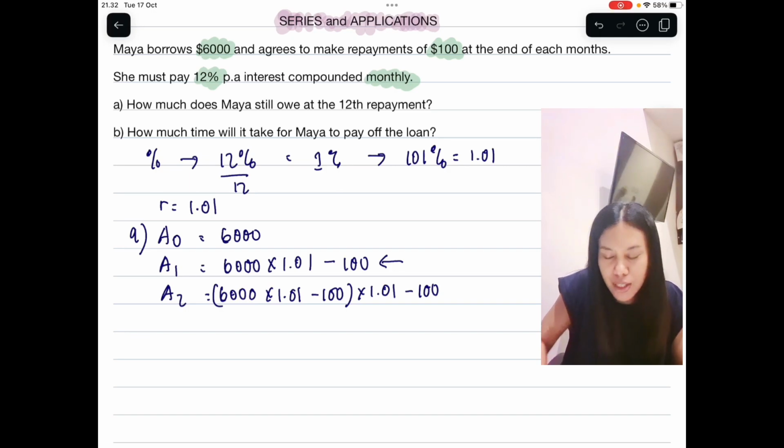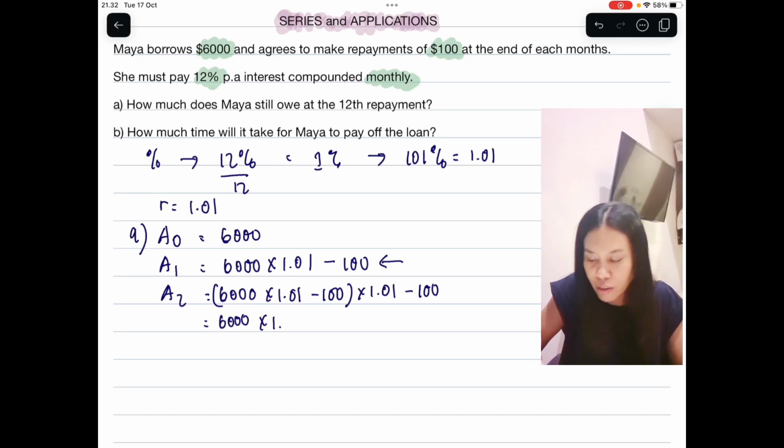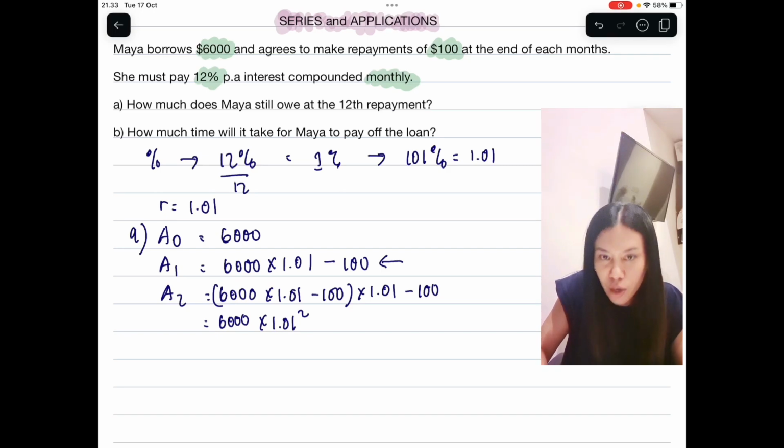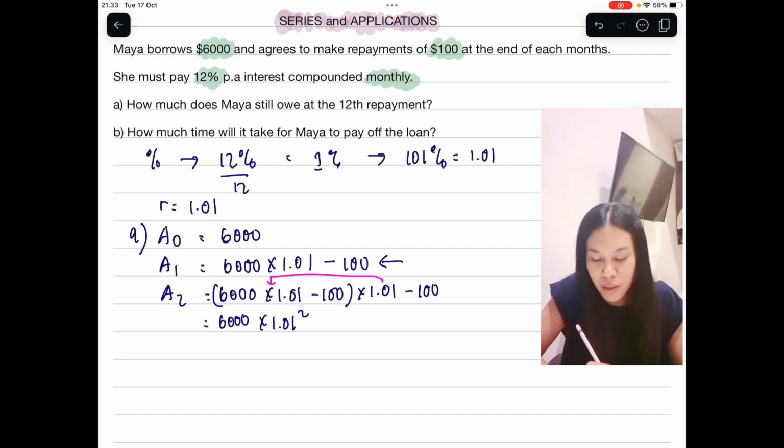So after the second month, she's owing $6,000 times 1.01 squared. How did I get the squared? Because I did the rainbow. So 1.01, I multiply by this whole unit here. It's going to be 6,000 times 1.01 squared.